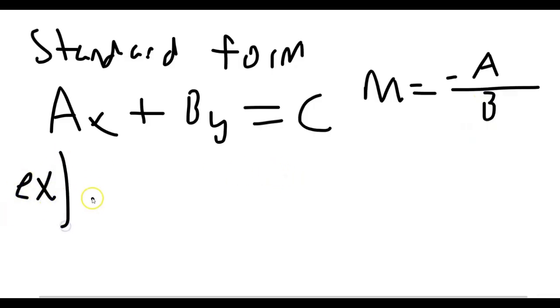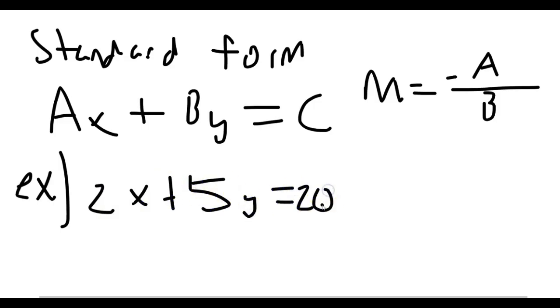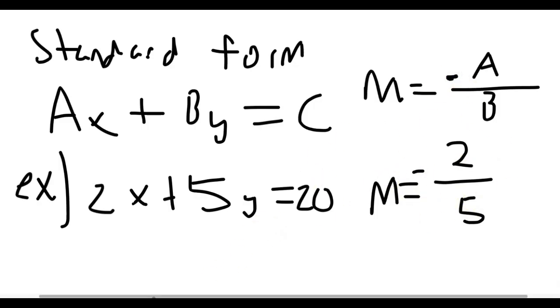Let's do an example. If we had 2x plus 5y equals 20, we would find slope by doing m is equal to a over b, which would be 2 and 5. And then it would be negative because of the negative sign. And this is standard form.